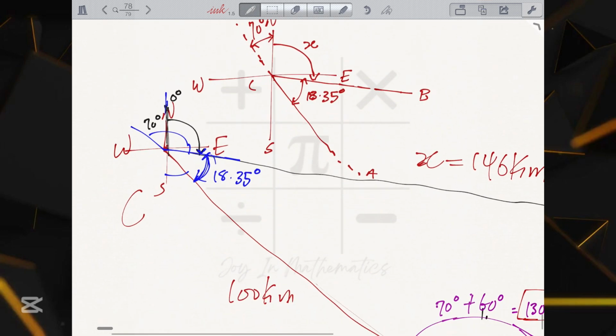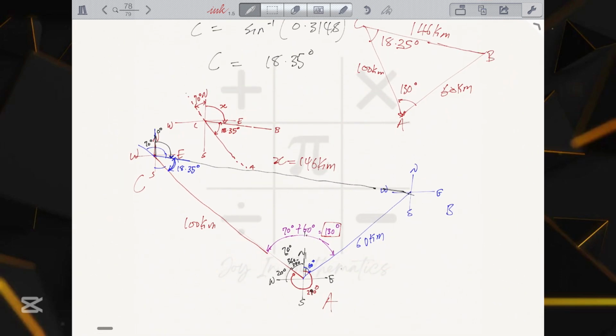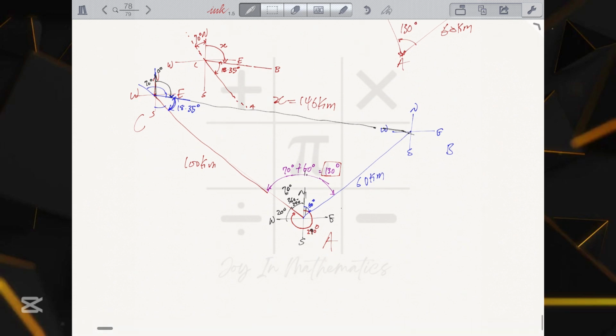So let's apply that so that we're able to get the bearing of B from C. Using the angles on a straight line, we have that 70 degrees plus X plus 18.35 degrees is equal to 180 degrees. This is called the sum of angles on a straight line.